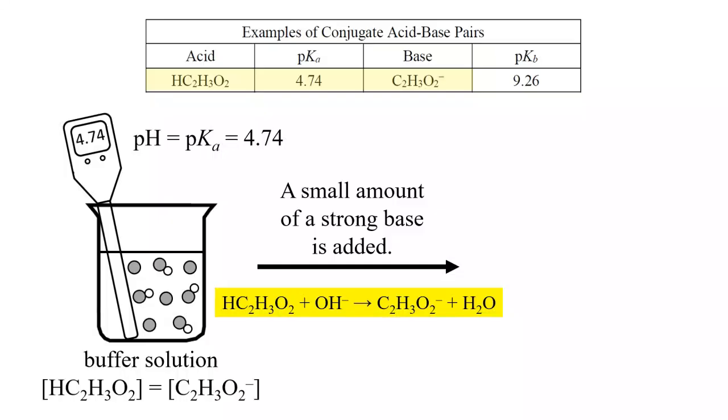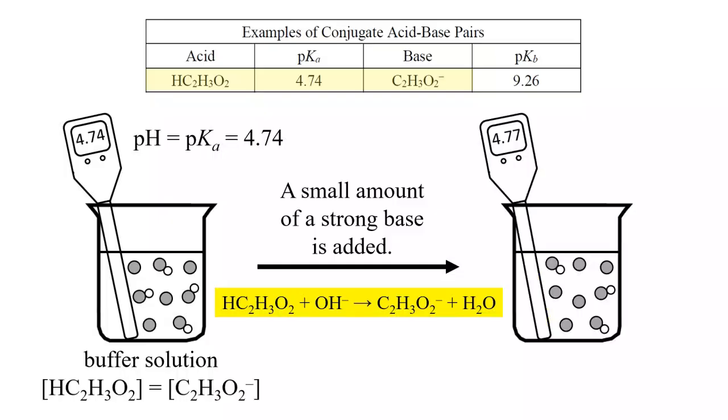So when a small amount of a strong base is added, the concentration of acetic acid will decrease a little bit, and the concentration of the acetate ion will increase a little bit. Let's count the particles in the beaker on the right side of this slide. So now instead of 4 molecules of acetic acid and 4 ions of acetate, we can see in that beaker on the right, now there's only 3 molecules of acetic acid and there are 5 ions of acetate.